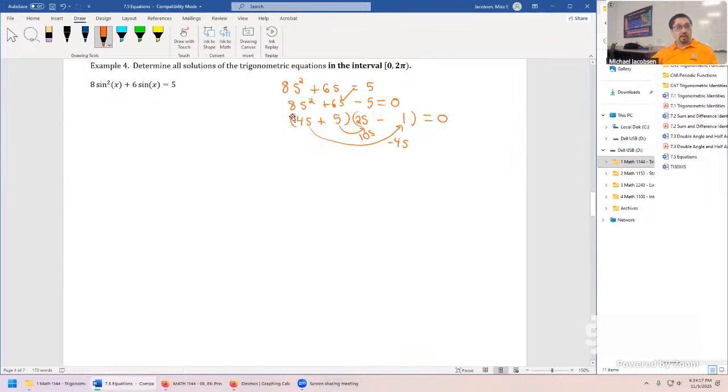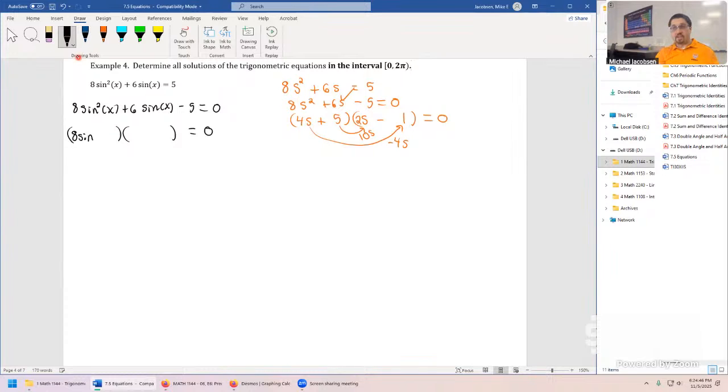So if you can factor it this way, sure, it looks uglier in this form because there's more complexity when you're looking at a sine x, sine squared x, but the algebra is completely identical. Let's take the same steps. 8 sine squared x plus 6 sine x minus 5 is 0 automatically implies we have this factoring, 8 sine x.